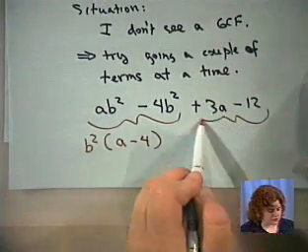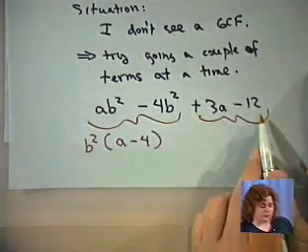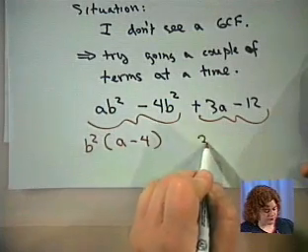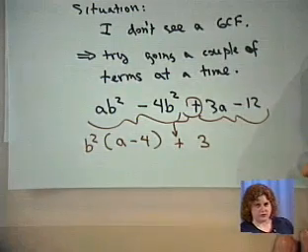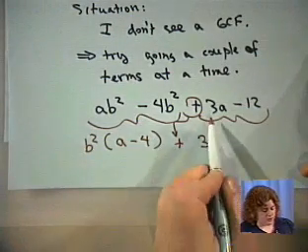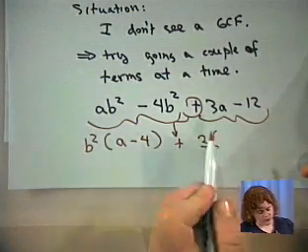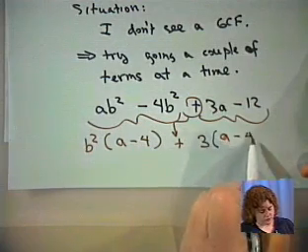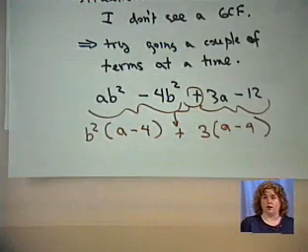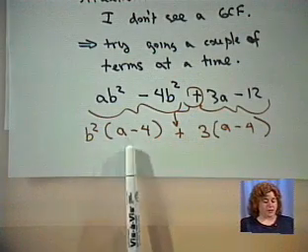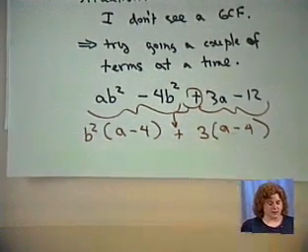Then look at the second 2. I see in common there a 3. I need to remember that I'm adding these things up. If I pull out a 3, I'm left with an a minus 4. Well, now I'm in a situation where I can see a common factor. That common factor is the binomial a minus 4.